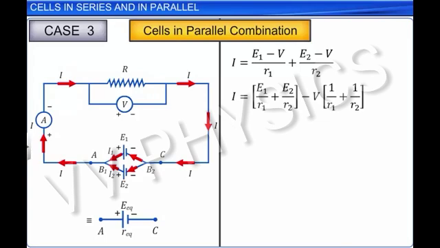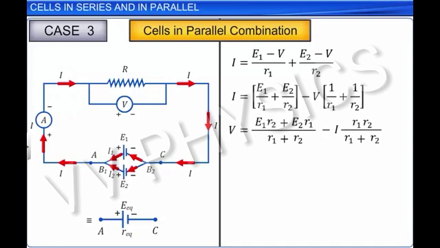By further rearranging the terms, we can write V is equal to E1 R2 plus E2 R1 divided by R1 plus R2 minus I into R1 R2 divided by R1 plus R2. Let this be equation 4.